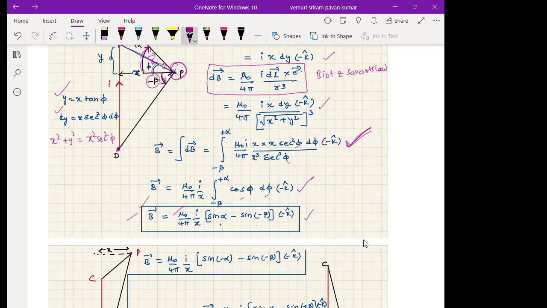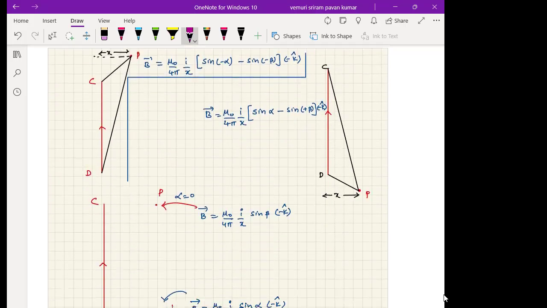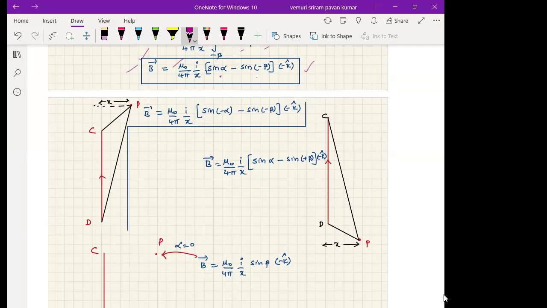Next. Now you choose a point. What if the point is outside this and at a distance x? In this case, there is no problem with beta. In the place of alpha, you should write minus alpha. The formula becomes sin minus alpha minus sin minus beta, times minus k.